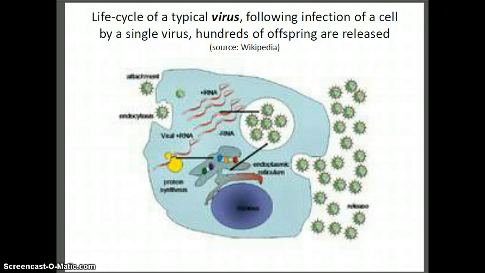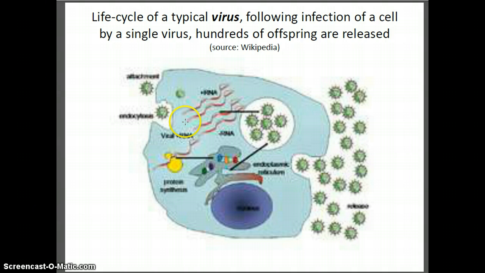And here is a life cycle of a typical virus. Again, this diagram is available on your Moodle page, but let me go over this. This may not be as clear. This shows you a virus particle attaching to a host cell. It is ingested via endocytosis. Viruses cannot reproduce independently. They must have a host cell.